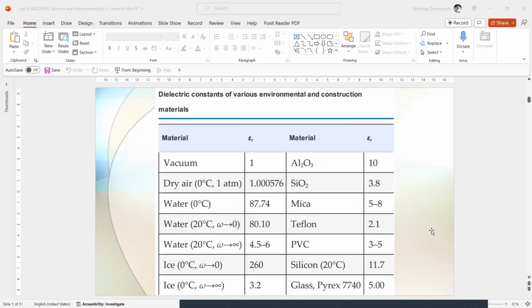The latter is also called the dielectric constant of the medium between the conductors. For vacuum epsilon r equals 1, for air and other gases the dielectric constant is fractionally higher. Liquids and solids have larger values, as you can see from this table.